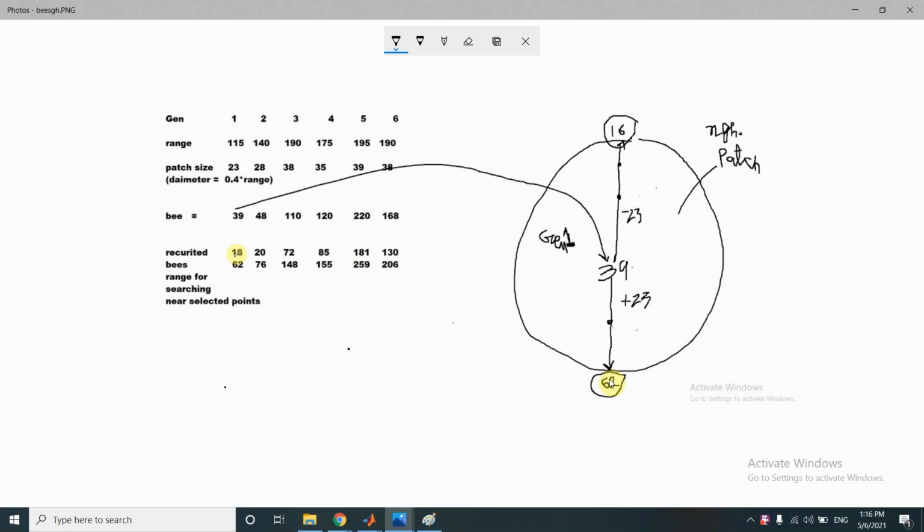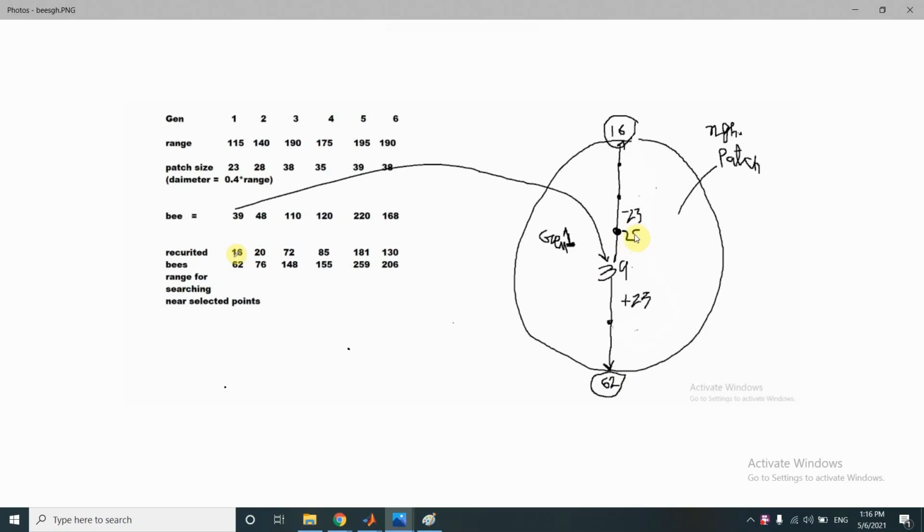Now we add this minus 10 to the value of the returning elite bee position. So we add this minus 10 to 39 and we get 29. That would be somewhere around here.